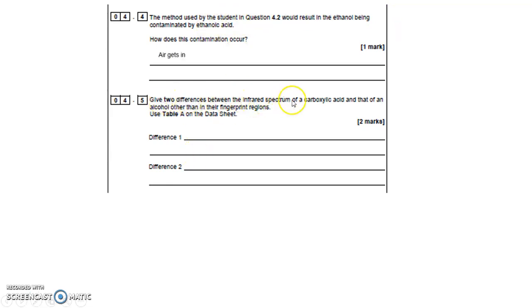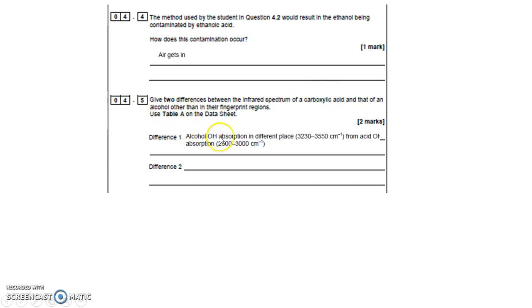Give two differences between the infrared spectrum of a carboxylic acid and that of an alcohol. Well, a carboxylic acid has got a C double bond O and an OH on it, and an alcohol has just got an OH. But the spectra are different for a carboxylic acid's OH and an alcohol's OH.